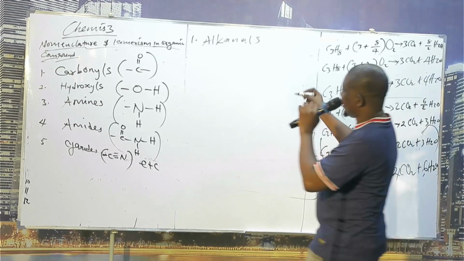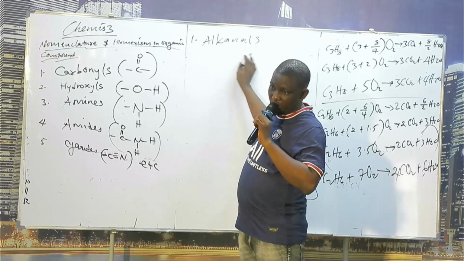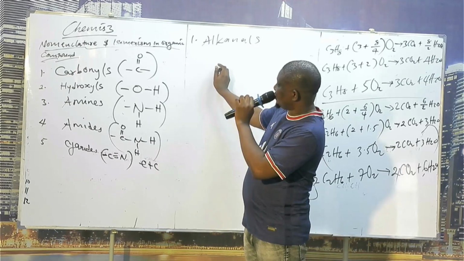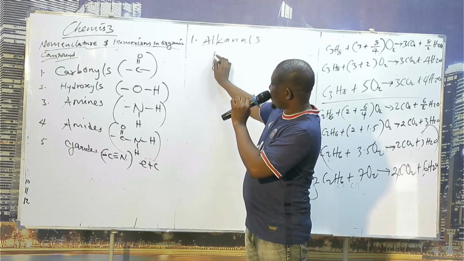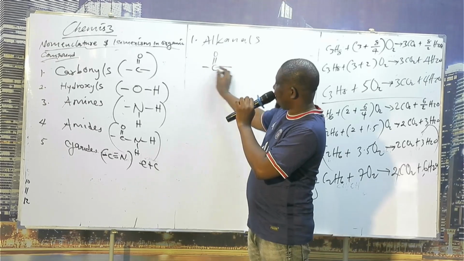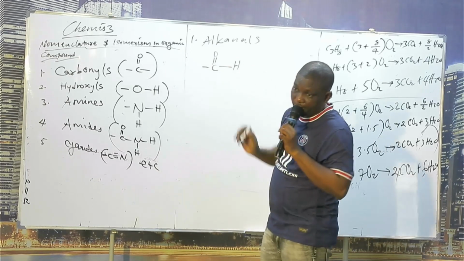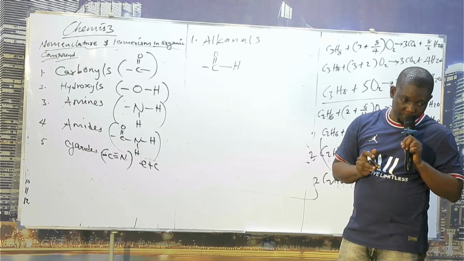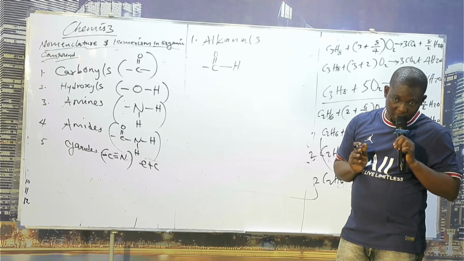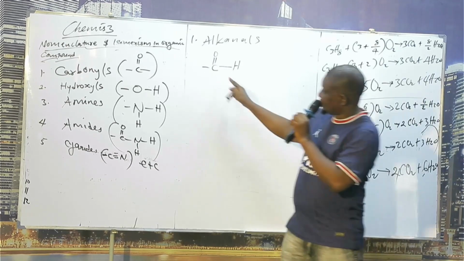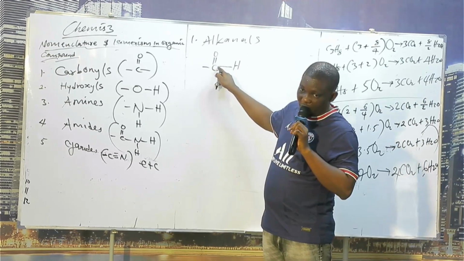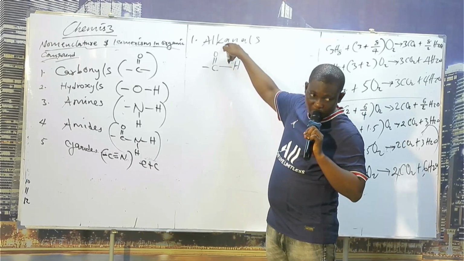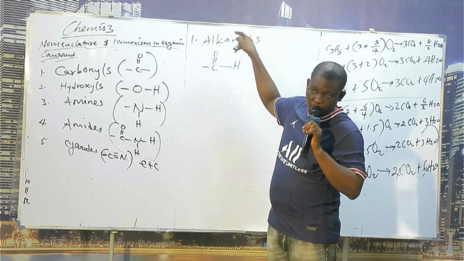Whenever you see a carbonyl linked to hydrogen, let's see how the alkanal functional group looks. See, this is a carbonyl, but once it is linked to hydrogen, it is now alkanal. A carbonyl is a carbon-oxygen bond; if you link it to hydrogen, that is the alkanal functional group.